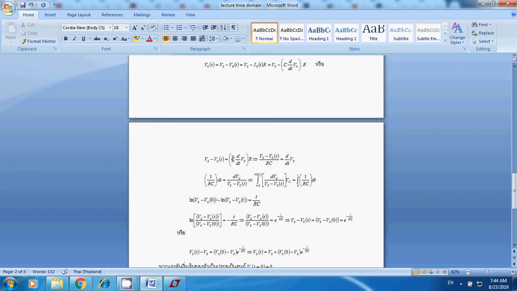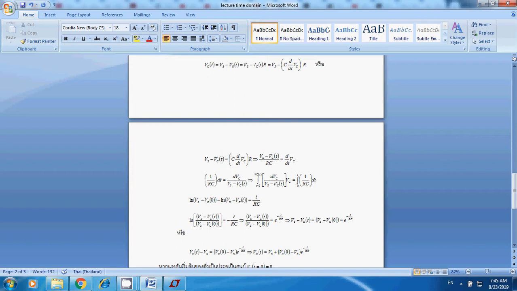So from this equation, what I did here, I divided by RC on the left of the equation: Vs minus Vc divided by RC. That's equal to dVc by dt.